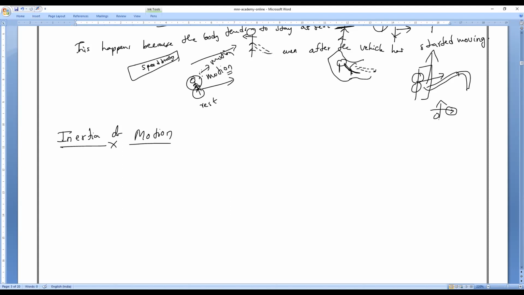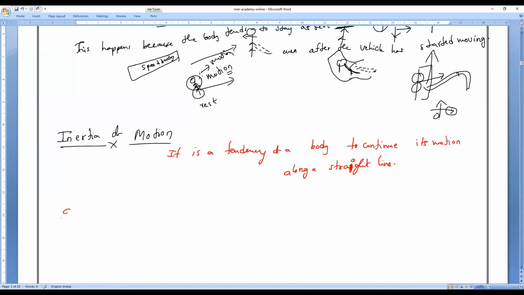Inertia of motion: it is a tendency of a body to continue its motion along a straight line. That is what you should write.